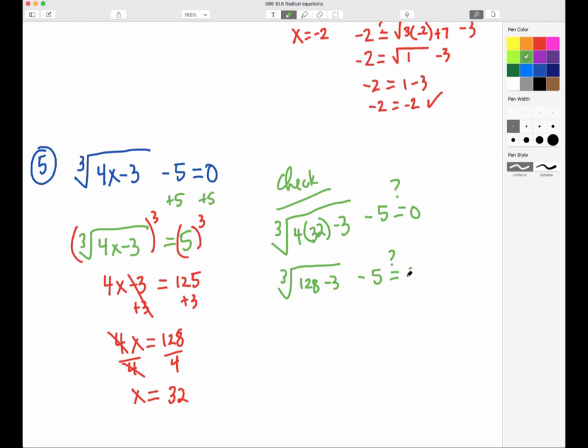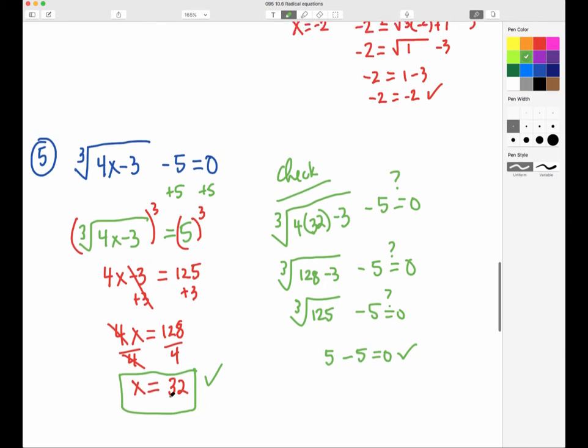So the cube root of 125, because 128 minus 3, minus 5, does that equal 0? Now we'll take the cube root of 125. Well, that's nice. The answer is 5. Minus 5, does that equal 0? Yes, it does. So that means that our real answer does work, and x is equal to 32.